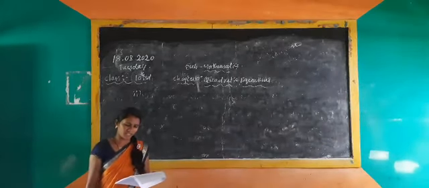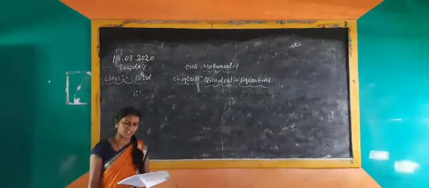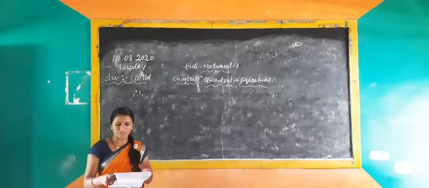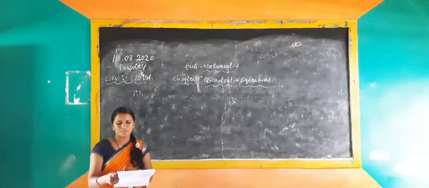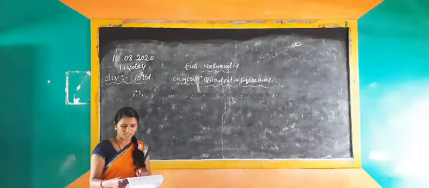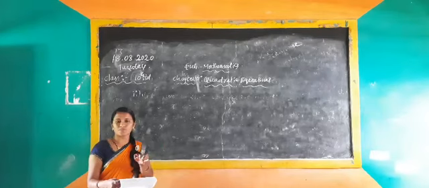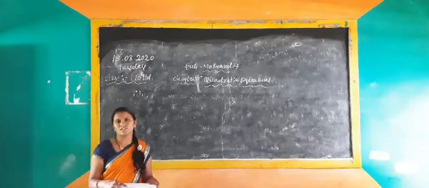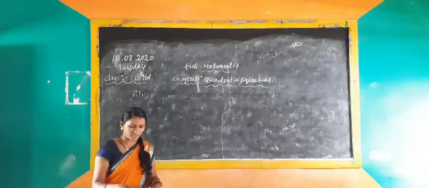The product of their ages 3 years from now, product means you have to multiply, is 360. Means the product of their ages should be 360. We should find Rohan's present age. Here you have to find Rohan's present age.